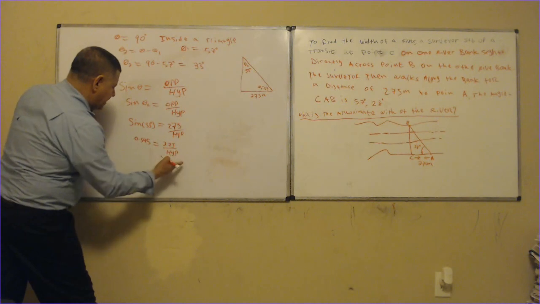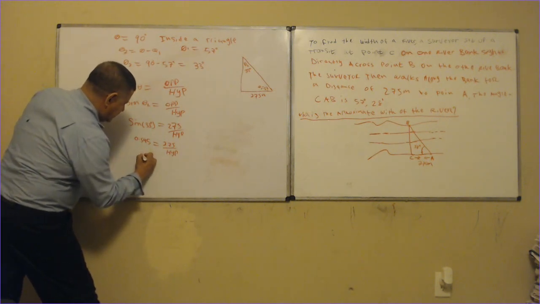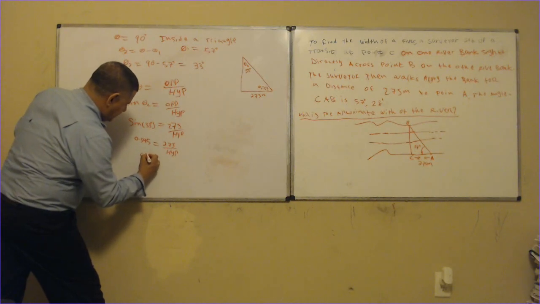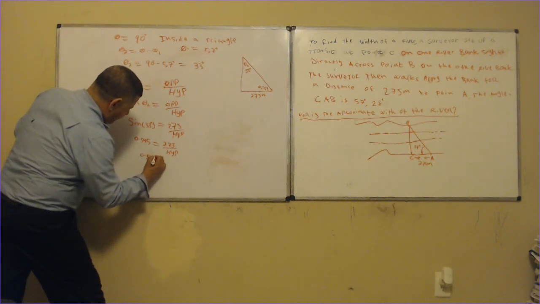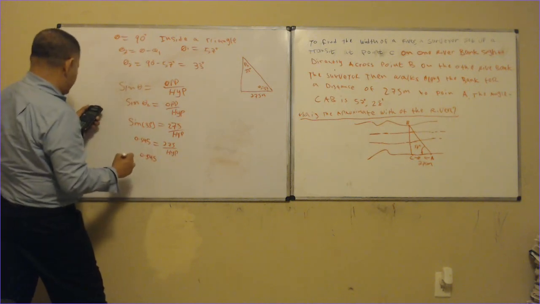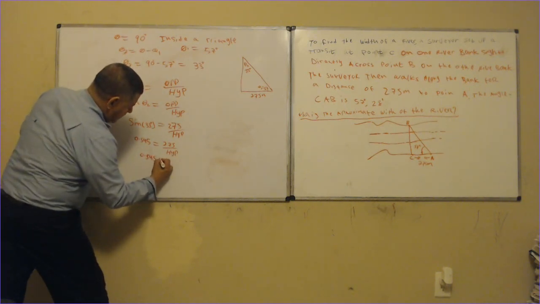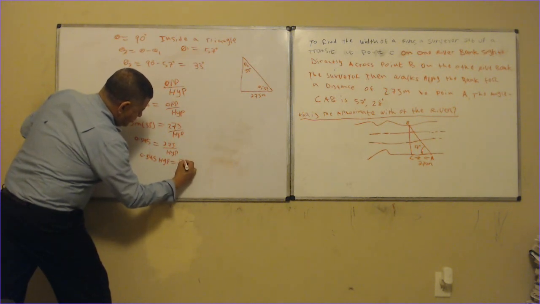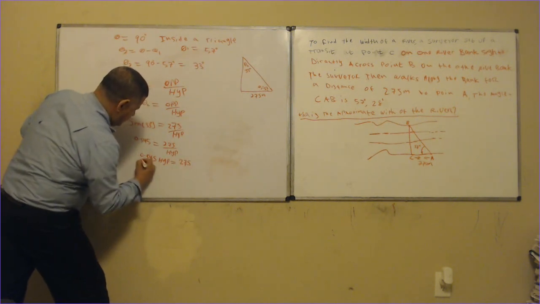Okay, cross multiply, and I get that 0.545 times the hypotenuse is equal to 275.